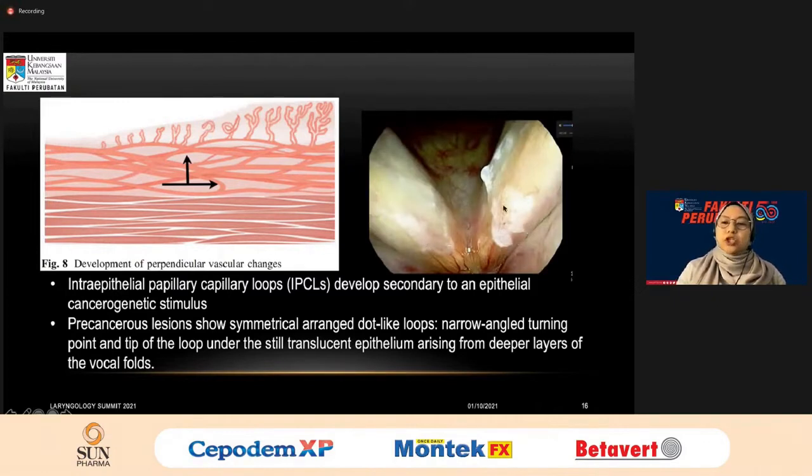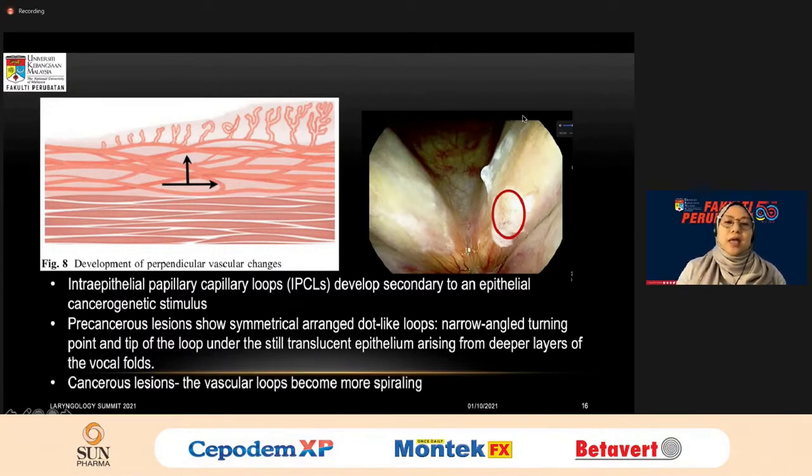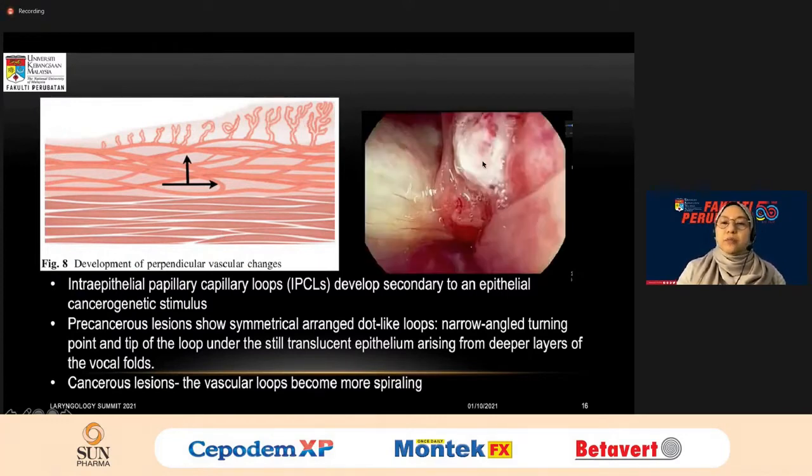If you look at this picture, a patient with leukoplakia on the vocal fold, and if we focus on the vascular pattern over here, we can see symmetric dots. And as the lesion becomes cancerous and more warty, the vascular loops become more spiraling. Like shown in this picture, the vessel from the surface of the mass looks spiral type, and this is called a type 4 vessel.